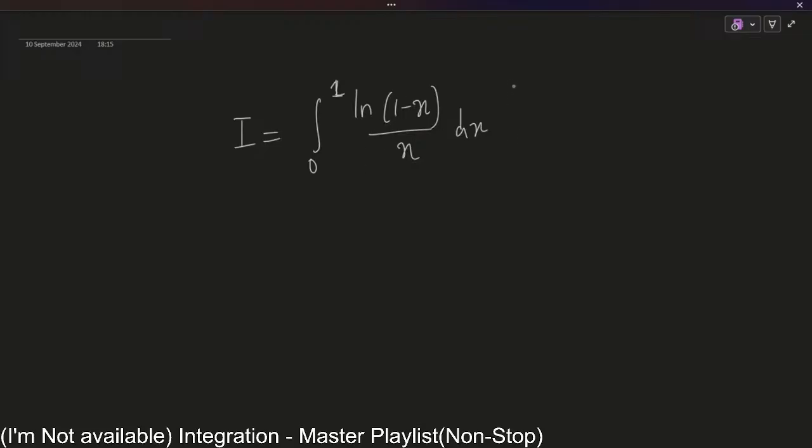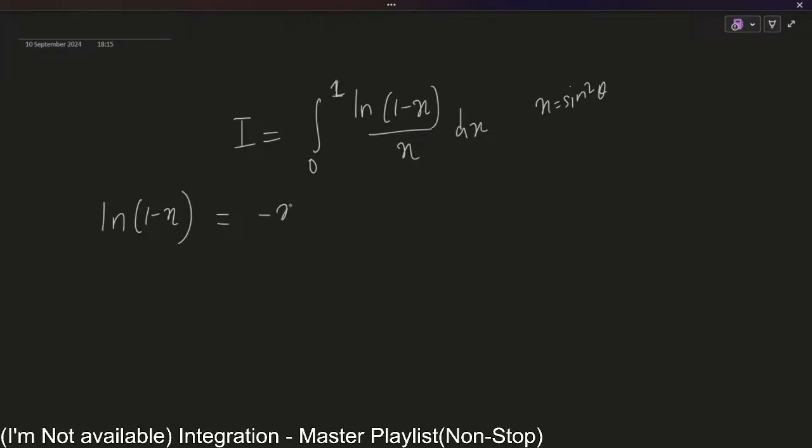So in order to do this integral, you might think of a few tricks that you have learned while doing this kind of integrations or where logarithm is associated to it. Like let's say putting x equal to sine square theta or cos square theta and stuff like that. But in this case, what we need to do is we need to understand the expansion of log of 1 minus x around the point 0.